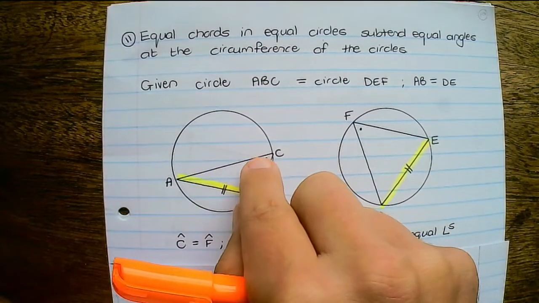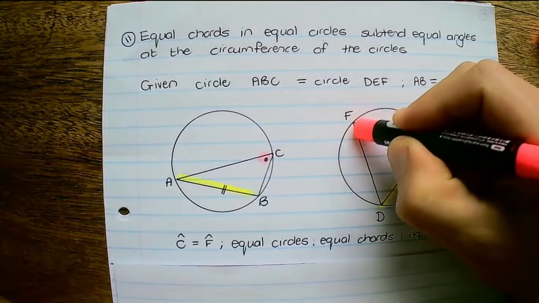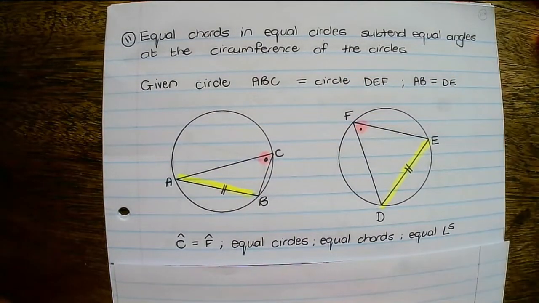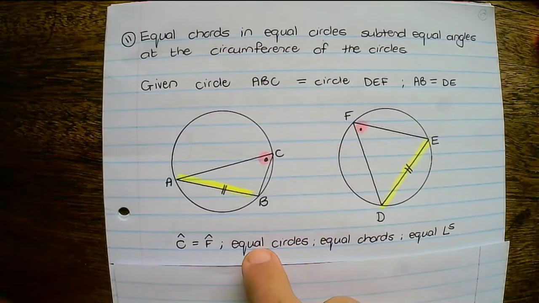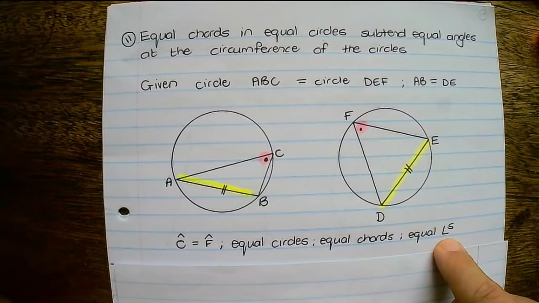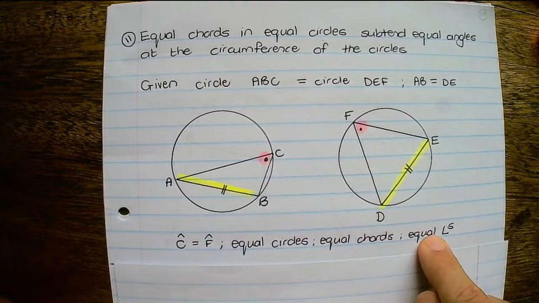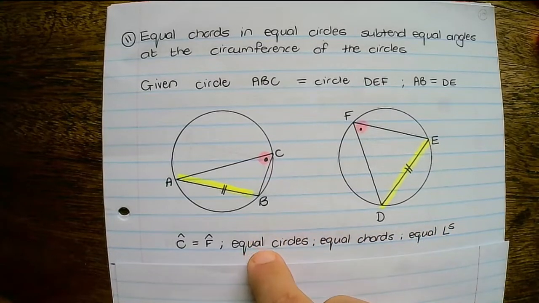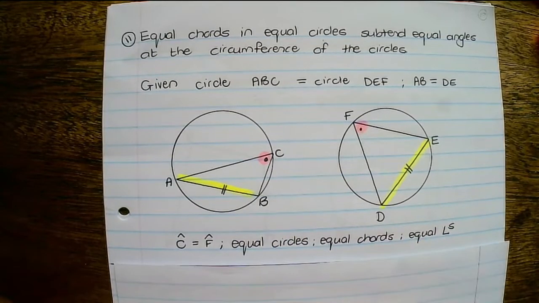Therefore, the angle C and the angle F are the same size. So we're adding on to what we had before. We say now equal circles, equal chords, equal angles. And before we just had equal chords, equal angles. Now we add equal circles, create equal chords with equal angles.